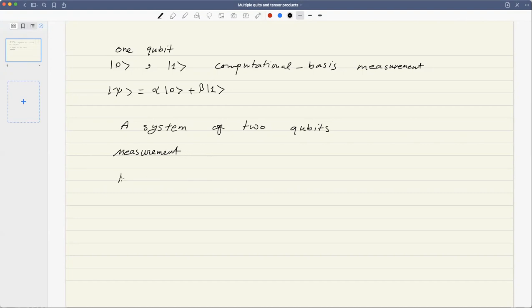So we're going to get 0 0, 0 1, 1 0, and 1 1. So if I perform a measurement simultaneously on my system of 2 qubits, measure this observable, this quantity, again, that's a 2-valued thing.